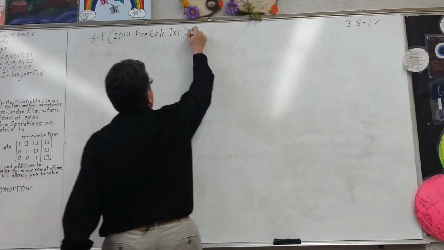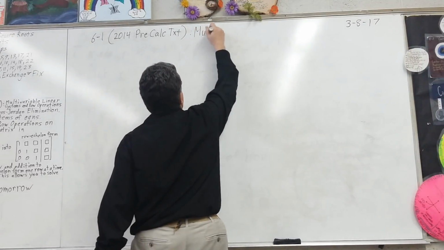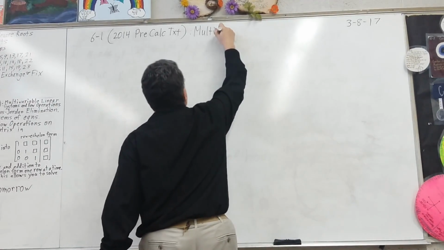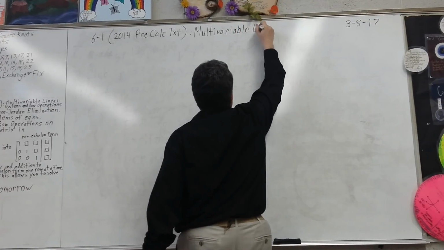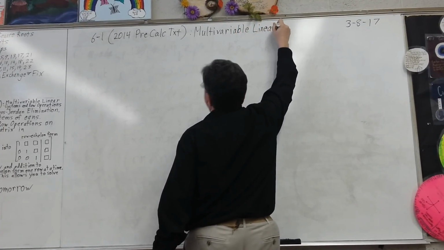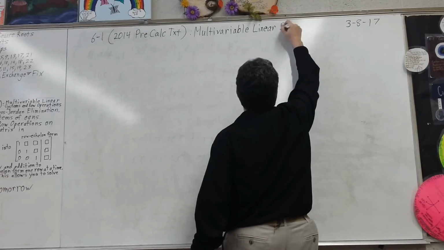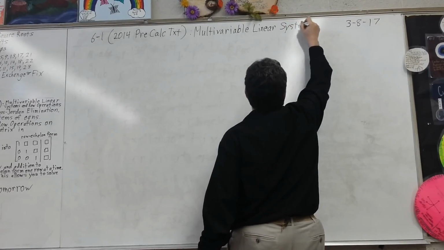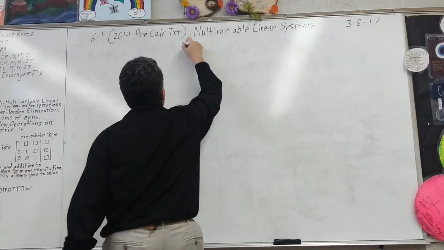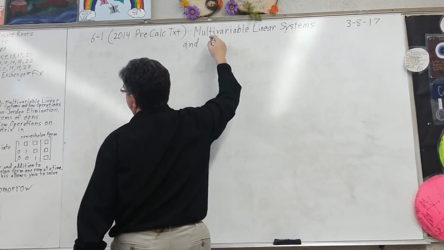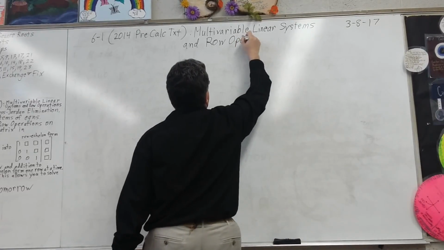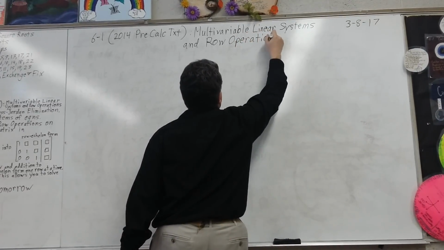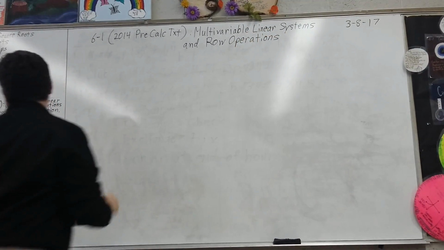It is entitled Multi-Variable Linear Systems, and this is the good part: row operations. Oh, yeah. Oh, row operations, how I love you.